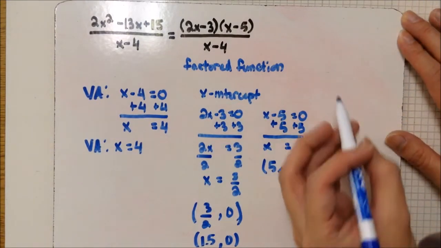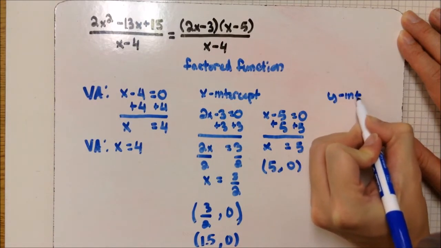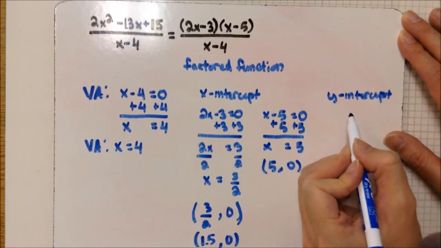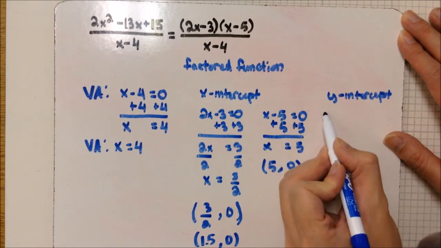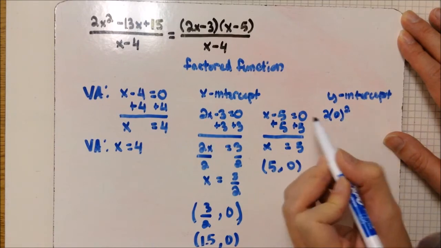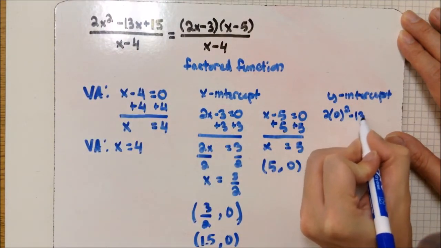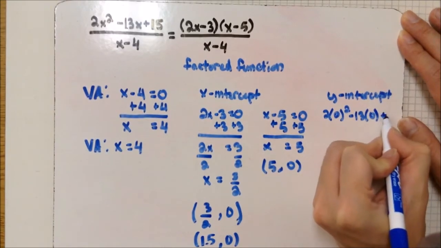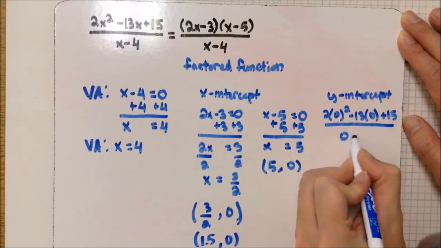Now our y-intercept. Alright, pretty simple. Just plug in 0 for all the x's. So 2 times 0 squared, because of the x squared over here, minus 13 times 0, plus 15, and then over 0 minus 4.